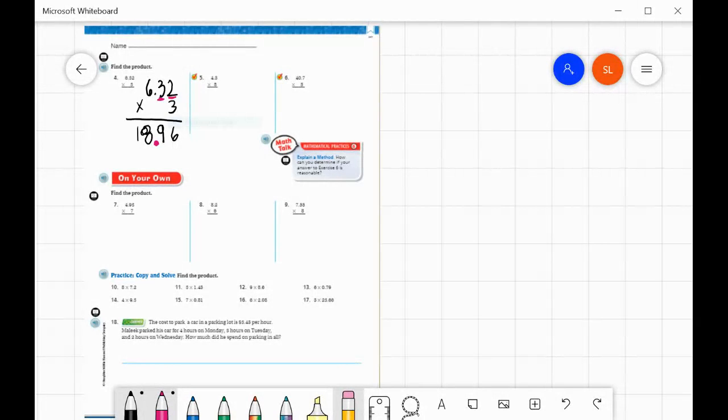Now in the video that we watched, they had you estimate ahead, and you estimated the whole number. 6 times 3 is 18. So that lets you know that your answer is going to be somewhere around 18. So 18.96 is close to 18, so we know that our answer is reasonable.